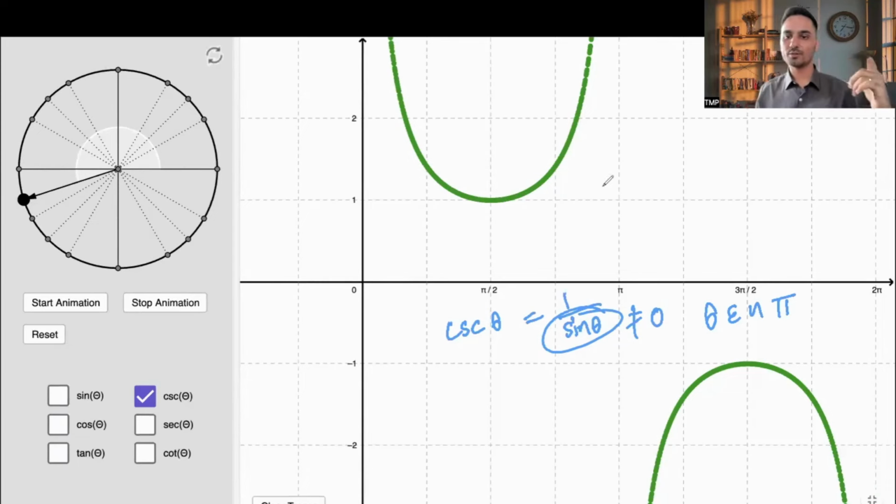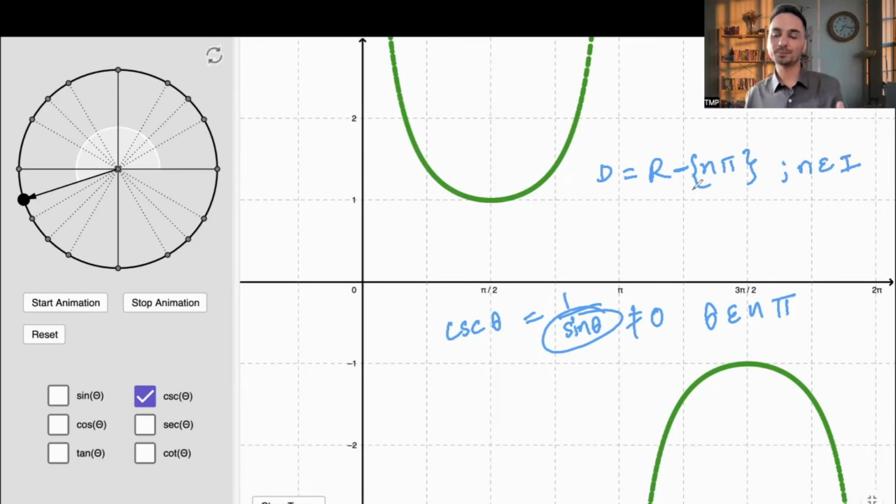That being said, we observe that the domain of this function is all real numbers minus n pi, where n is any integer. And the range of this function, if you observe on the positive side, the minimum positive value it takes is 1, and then it goes to infinity.